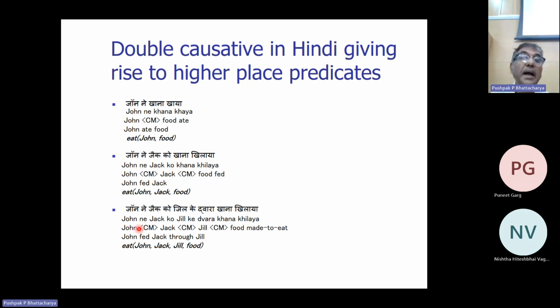Single causative. And then John ने Jack को Jill के द्वारा खाना खिलाया. Okay. So this is double causative. And no problem: eat(John, food), eat(John, Jack, food), and eat(John, Jack, Jill, food). No problem. Okay. It all depends on how you interpret the predicates.